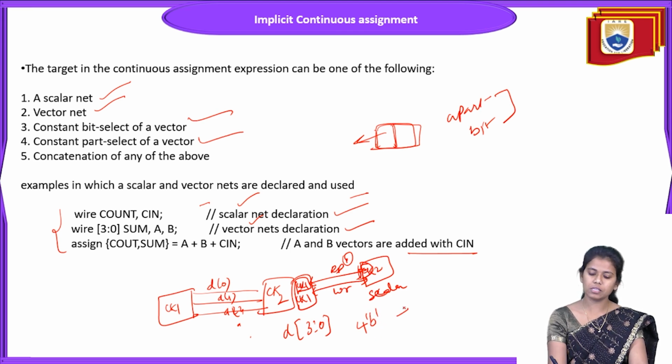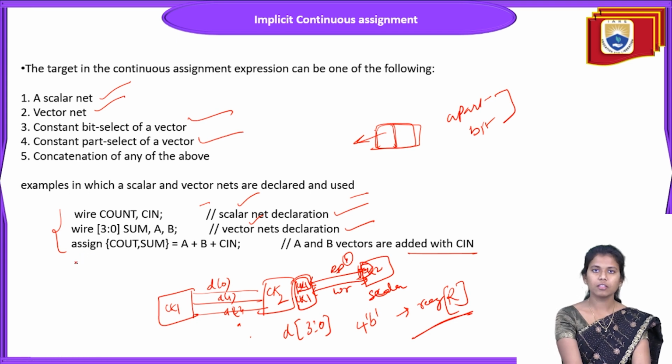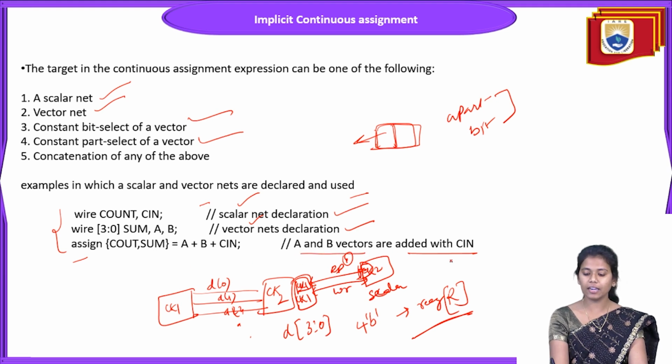These 4 bits I am storing in a register called R. This is nothing but the vector net. So lastly, assign is a keyword, count and sum. The comment here says that A and B vectors are added with Cin.